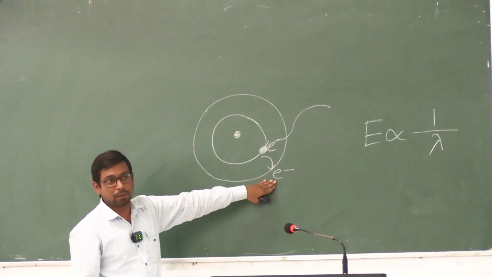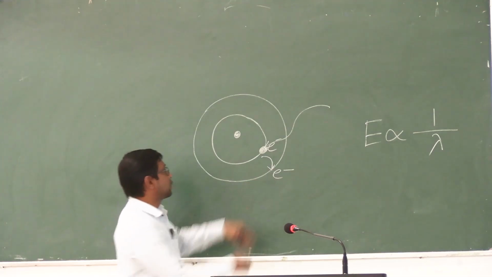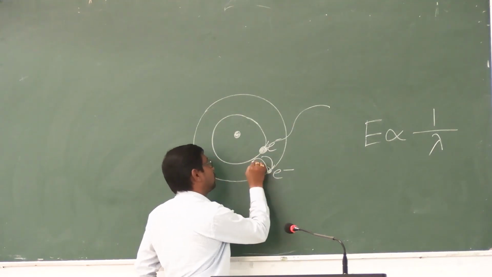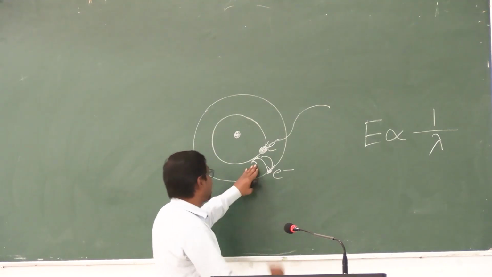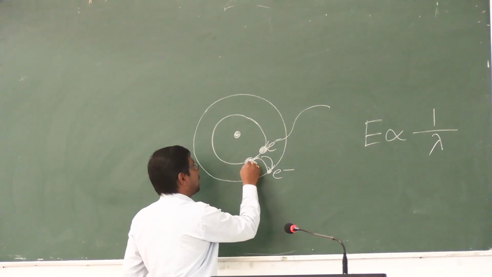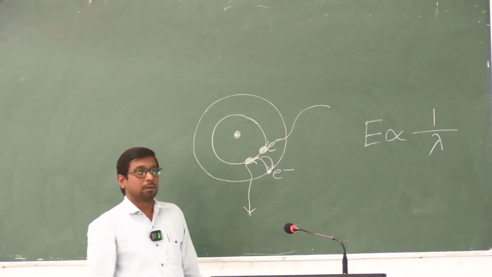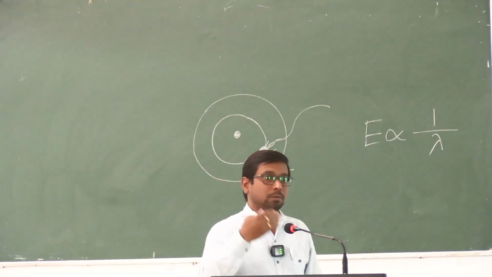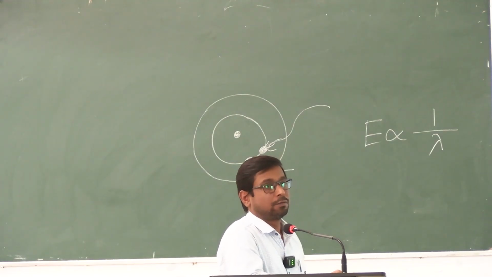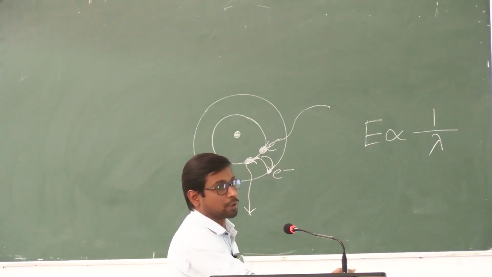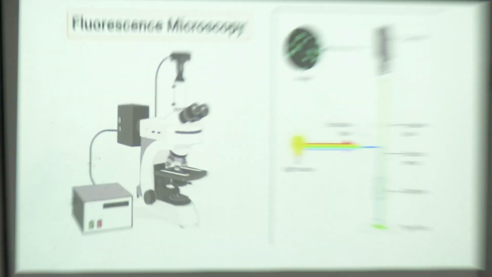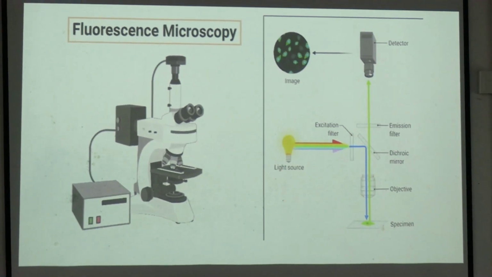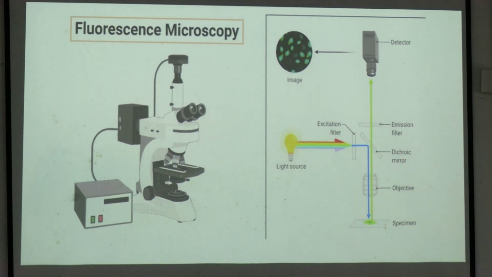Here it will not be stable. Again this electron wants to come back to its energy level, and when it comes back it will release some light, that is fluorescence. This is the particular microscope. Through this microscope we can take the image through a computer, we can visualize through our ocular lens also, and we have a camera also.